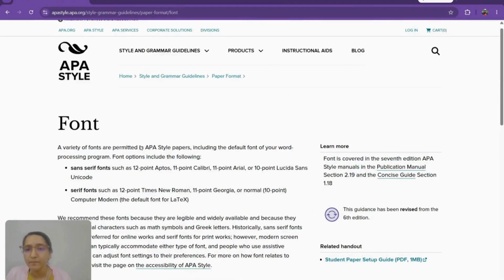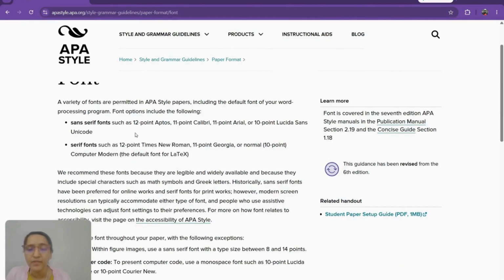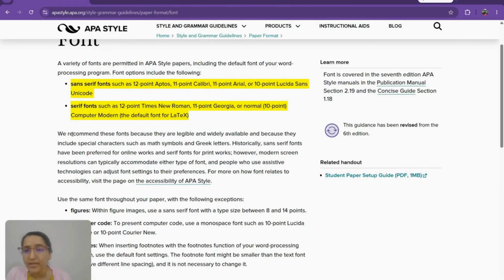So here it says a variety of fonts are permitted in APA style papers, including the default font of your word processing program. And here it gives information on the font options and what the recommendations are. We recommend these fonts because they are legible and widely available, and because they include special characters such as math symbols and Greek letters.